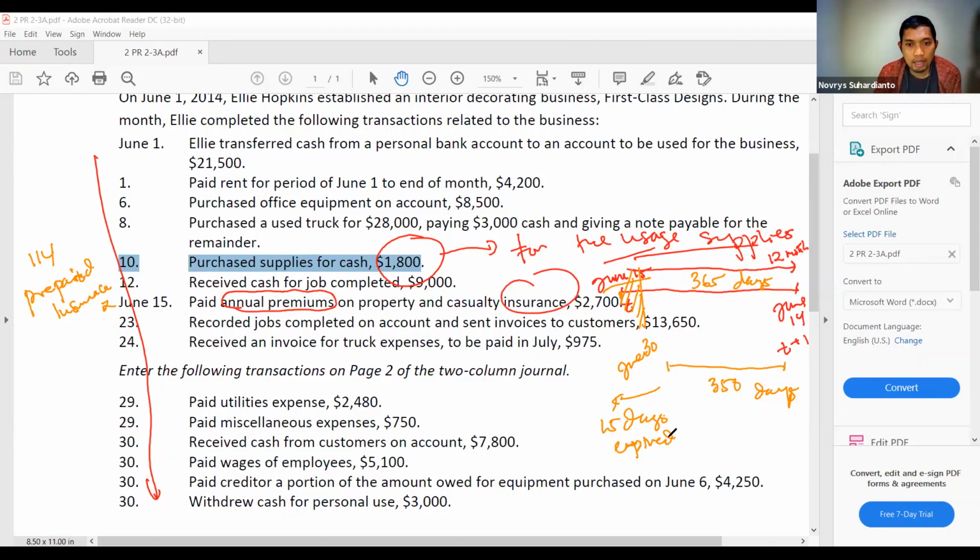So the economic benefit of the insurance has expired.